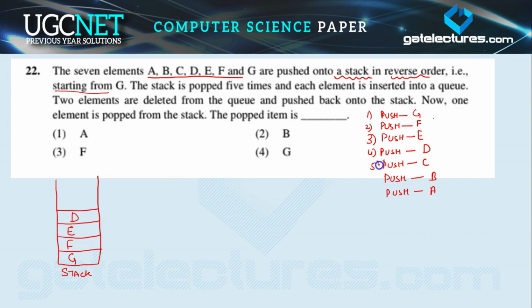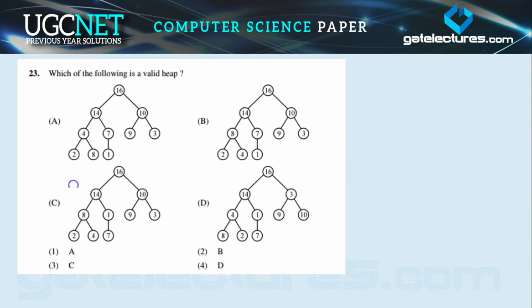Now the fifth one is push C, because we are pushing in a reverse order. The initial order is A, B, C, D, E, F, G, and they are asking in a reverse order, so we start from G, F, E, D, C, B, A. So next we push C, then B, and then A. So B is here and A is here. So the first task is completed.